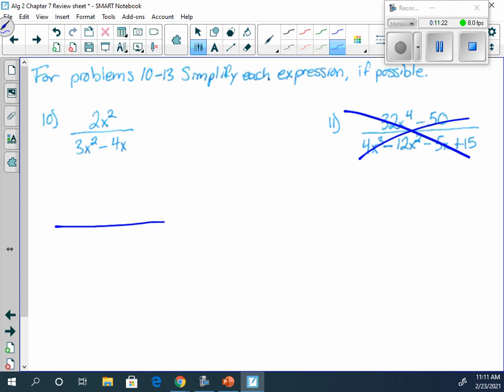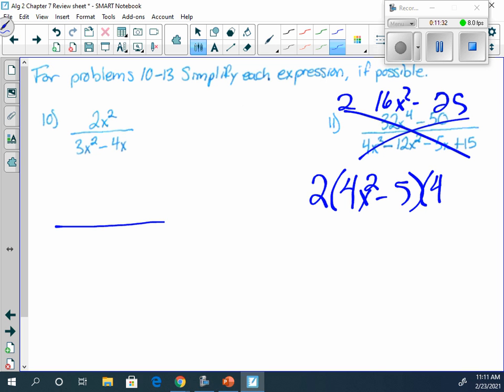And it works out that there is a greatest common factor of 2, so it really works out to be 4x squared minus 5 times 4x squared plus 5. But we're not worried about that. We're going to be working on problems like 10 and then 13. 10 and 13 would show up on the test.